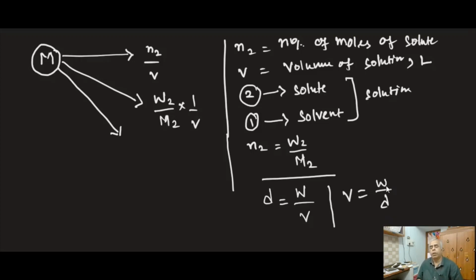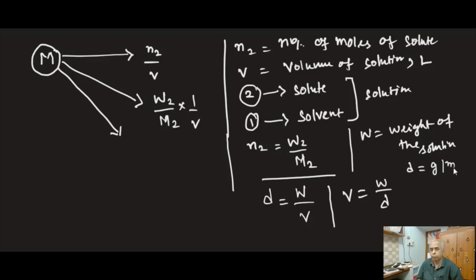And based on that, we can find out volume, is it not? So the volume can be expressed as W by D, where W is the weight of the solution and D the density of the solution. As I already mentioned, W is the weight of the solution in gram.